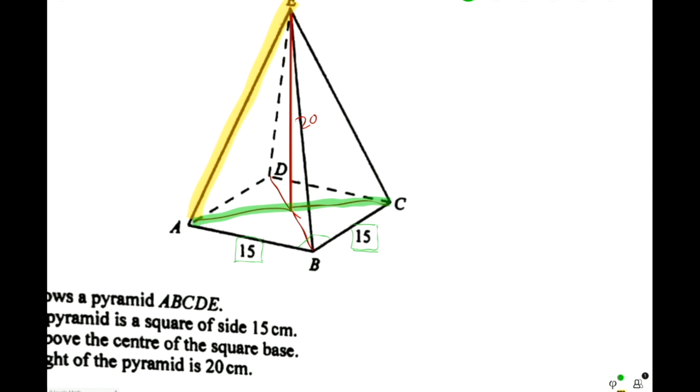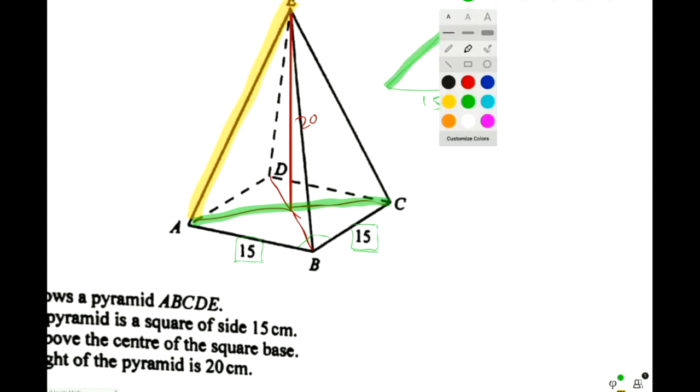Why? Because the triangle actually looks like this. Plain view. This is 15, 15. And the green color line is here. Can you visualize? Plain view. Plain.